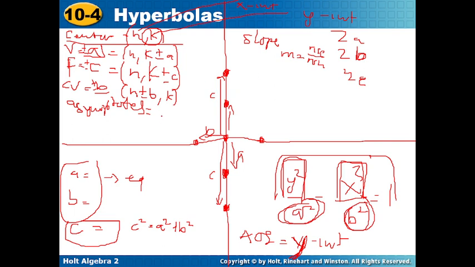And our rise in here is a, and your run is b. So you have positive and negative b, or we could say that your slope is positive, negative, I'm sorry, a over b x.